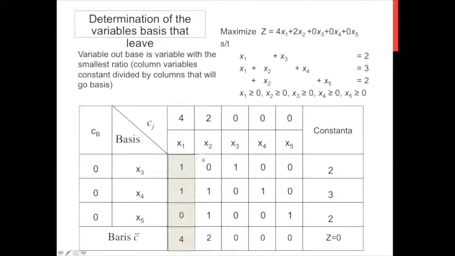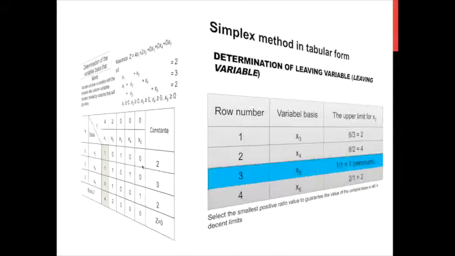And 2 divided by 0, we know the answer. After that, we choose the minimum positive value, which is 2. So x1 will enter the basis, substituting x3, which will leave the table.